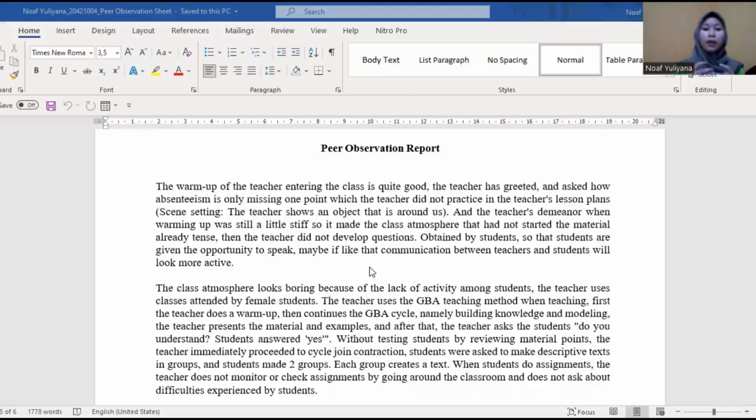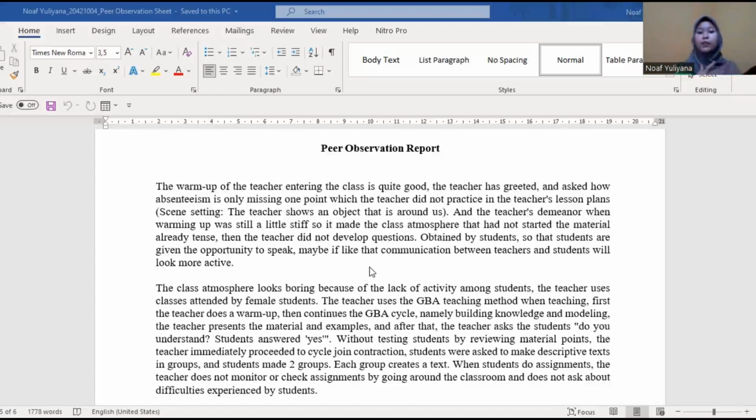The class atmosphere looks boring because of the lack of activity among students. The teacher's class is attended by female students. The teacher uses the GBA teaching method when teaching. First, the teacher does a warm up. Then continues the GBA cycle, namely building knowledge and modeling.